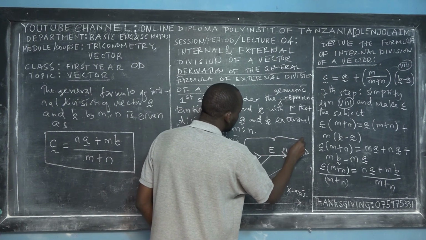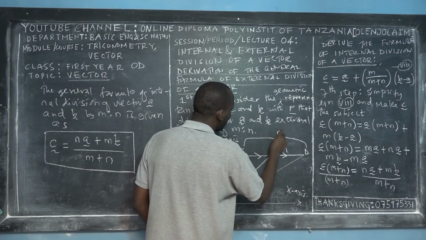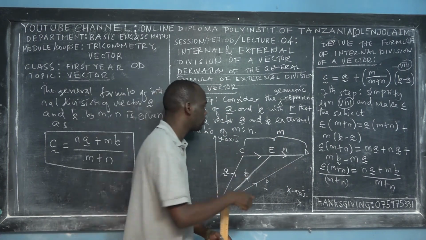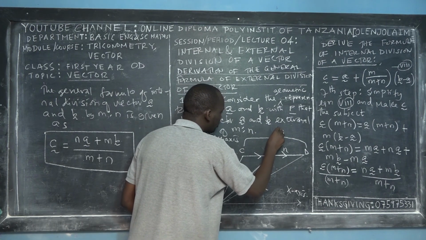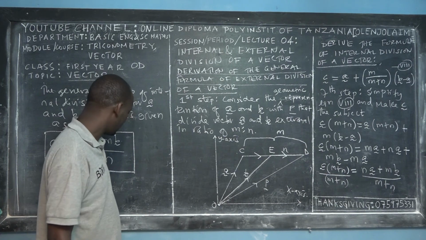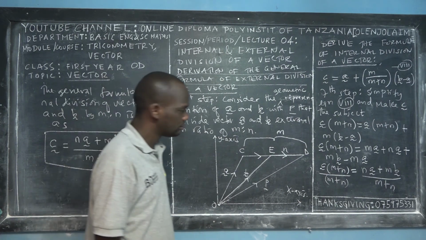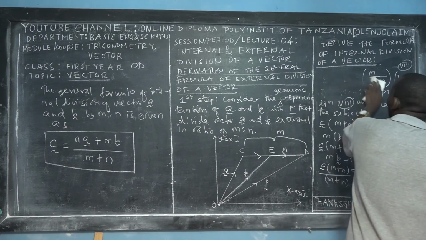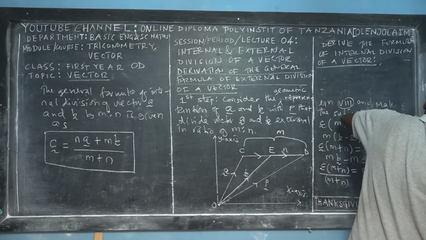So this means that the ratio m is the distance from C to D. Be careful on that, because even the ratio theorem is going to change a little bit.